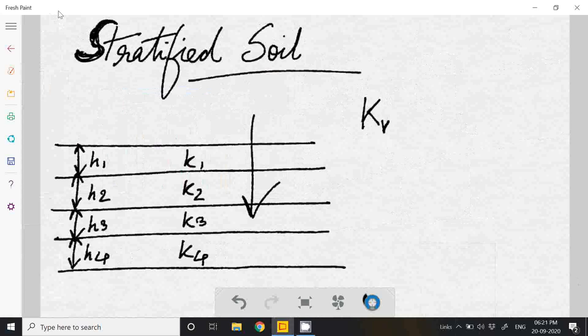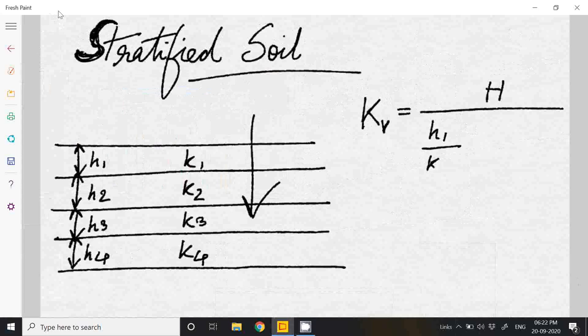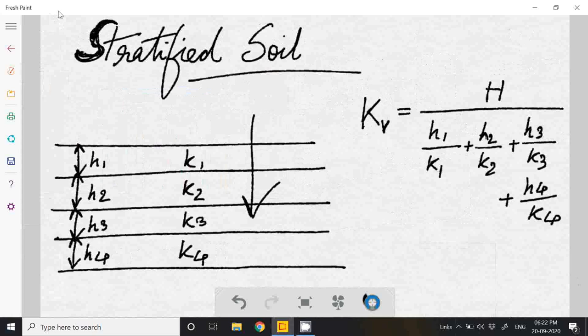When the flow is normal to the planes, the equivalent permeability will be this one. H is nothing but the total thickness. So this is when the flow is normal to the planes.